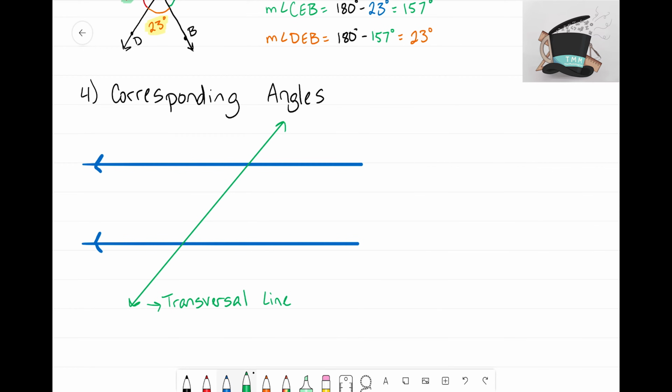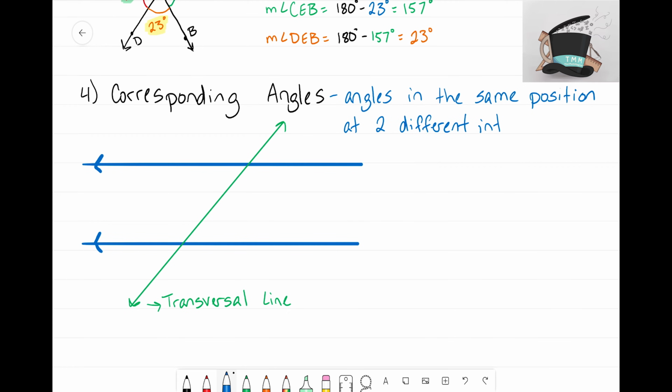Corresponding angles are angles in the same position at two different intersections of the transversal.